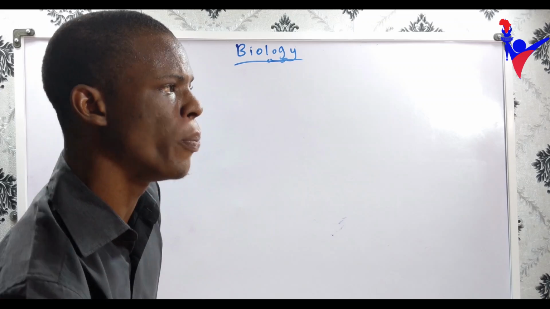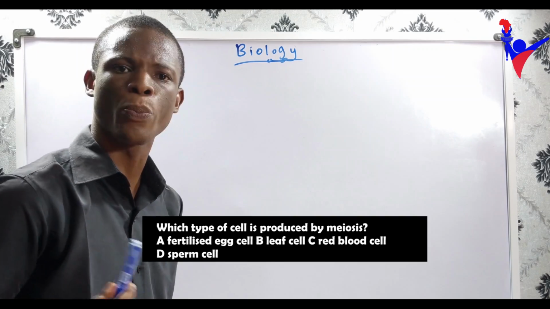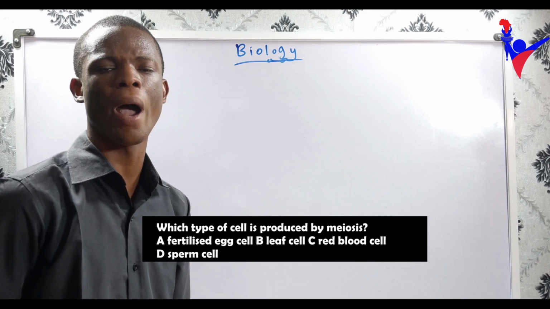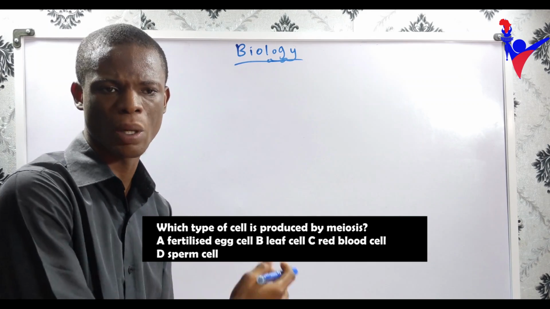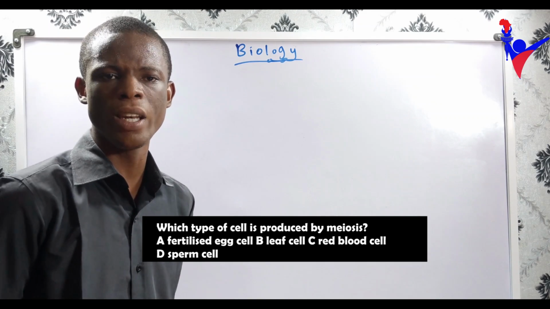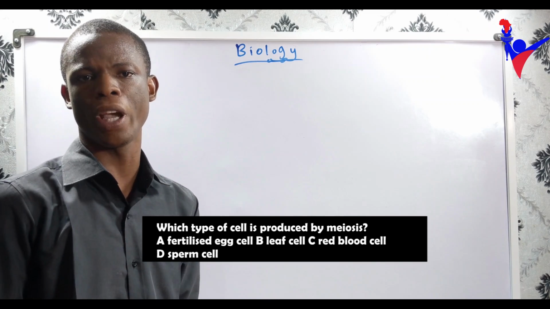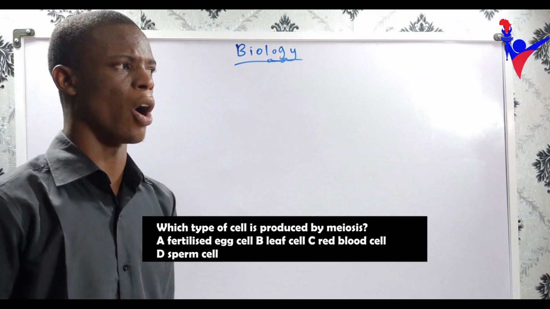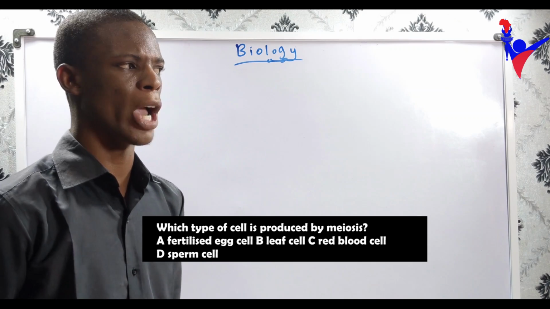So we have the next question: which type of cell is produced by meiosis? We've talked about meiotic division occurring with homologous pairs of chromosomes. They're now asking us which type of cell is produced by meiosis.